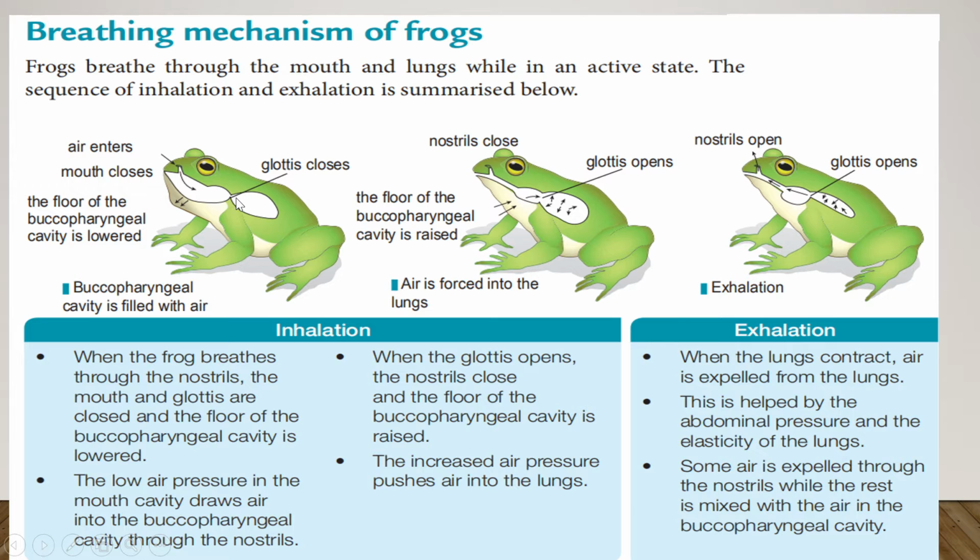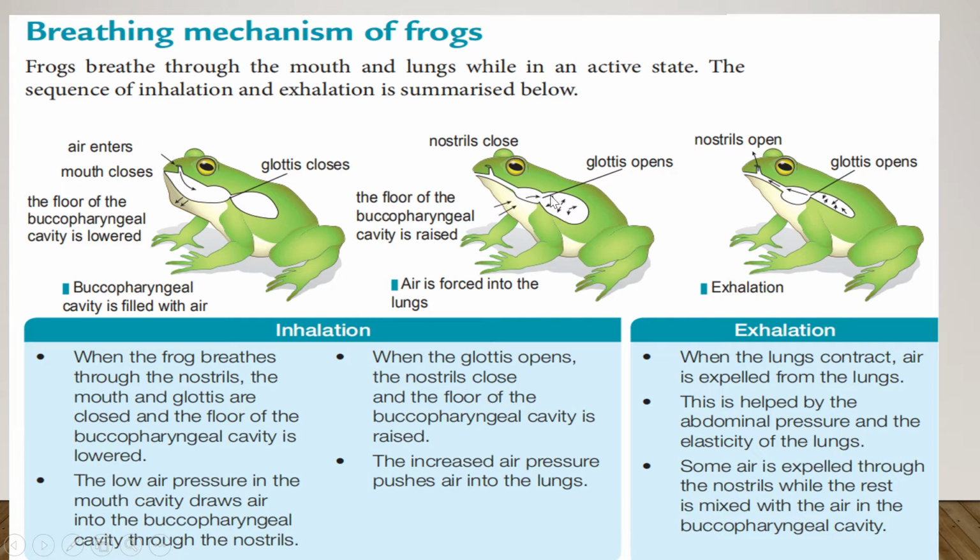This one goes up, this one opens. So what's next is the increased air pressure here. This area is going to push the air into the next compartment, which is the lungs. So the increased air pressure pushes the air into the lungs. That's the mechanism during inhalation.